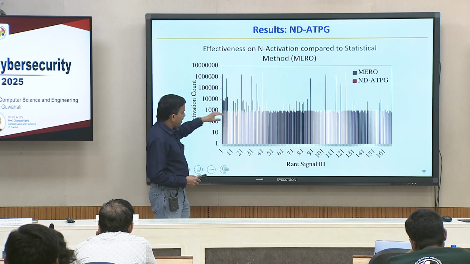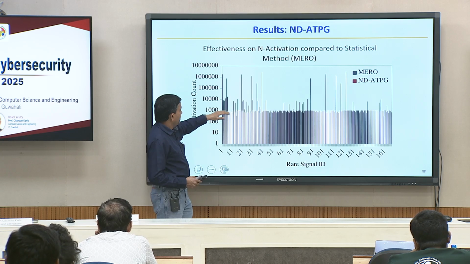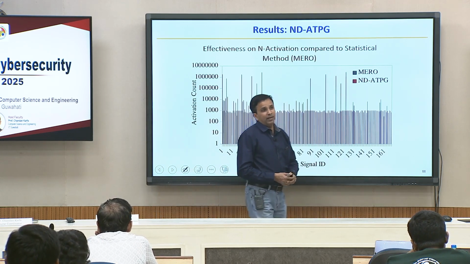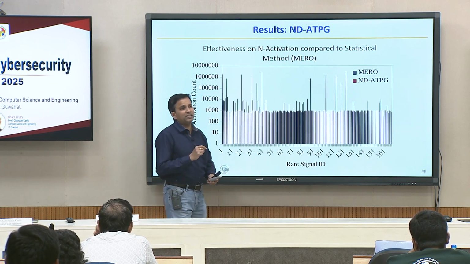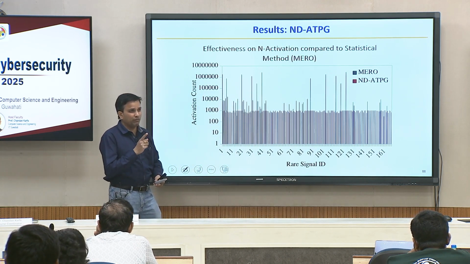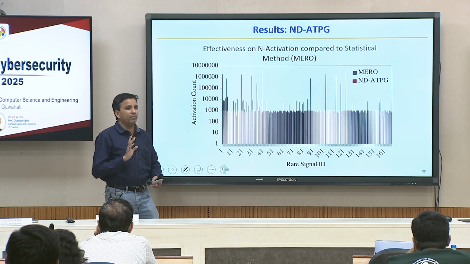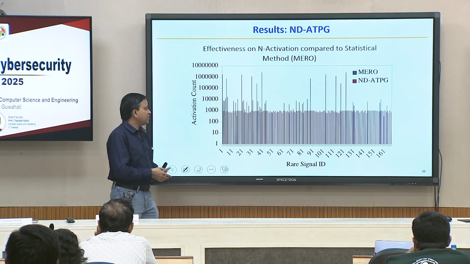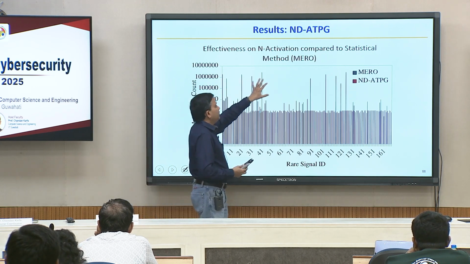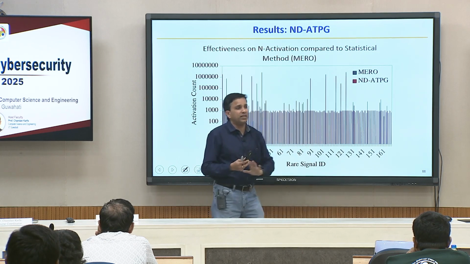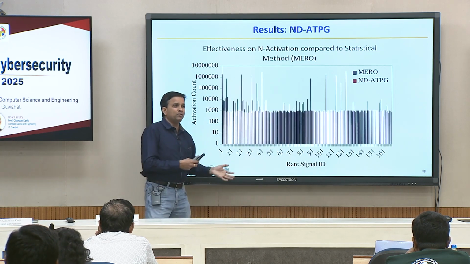But what you really want, which is what is achieved by our approach, is that most of them are exactly N, nothing more, nothing less. Through manufacturing testing we can actually force it. I want exactly N, to activate each of them N times. The other approaches fail because you are running random tests and trying to tune them in different ways, through reinforcement learning.